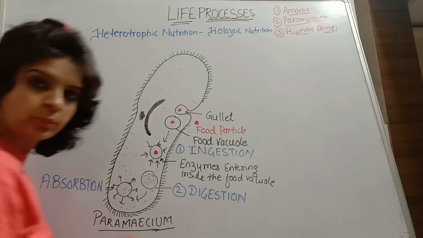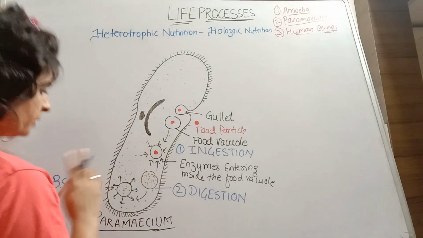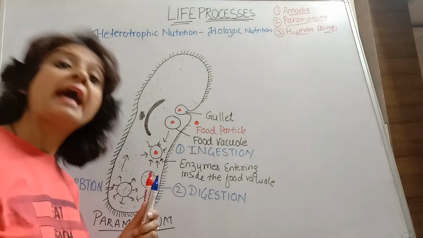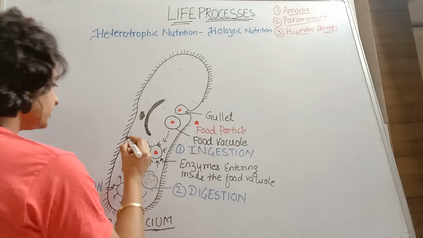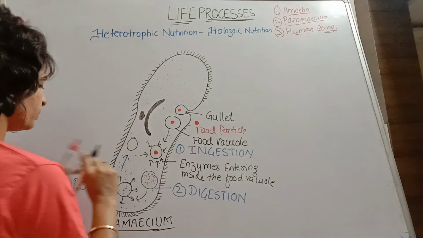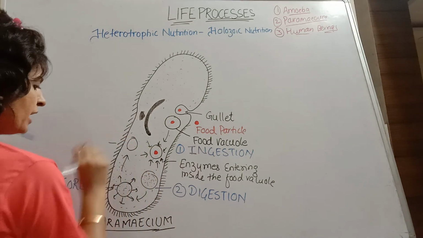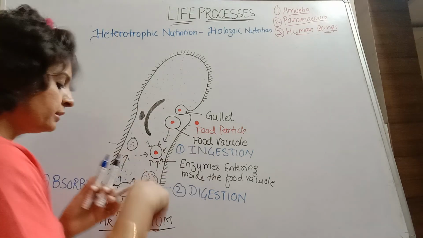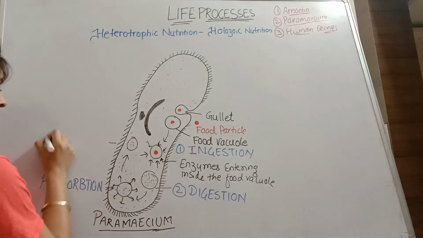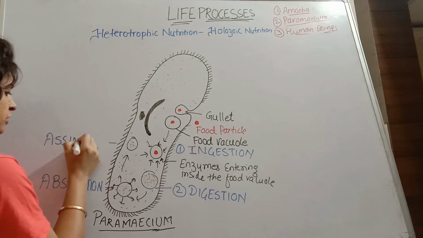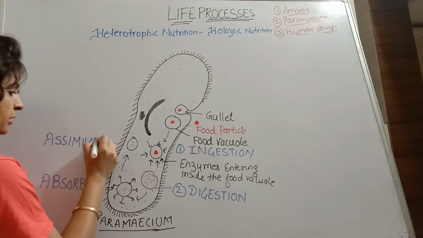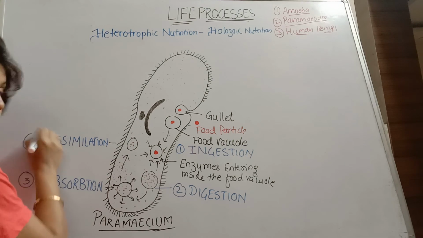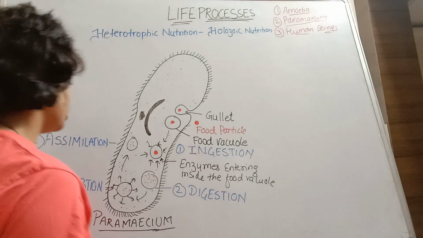Now the next one, after absorption, what occurs? Assimilation, the usage of this particular food. So here I'll mark some of the particles being left while the others are used for getting energy. So the fourth step is assimilation.